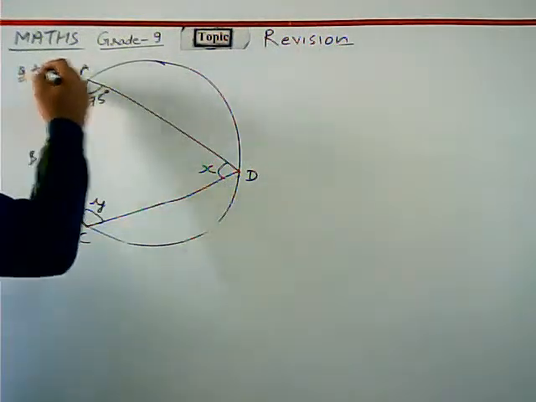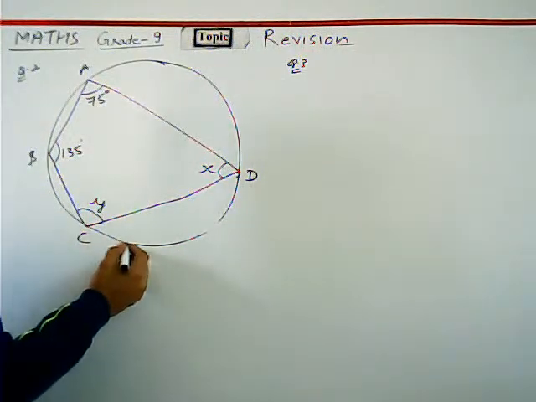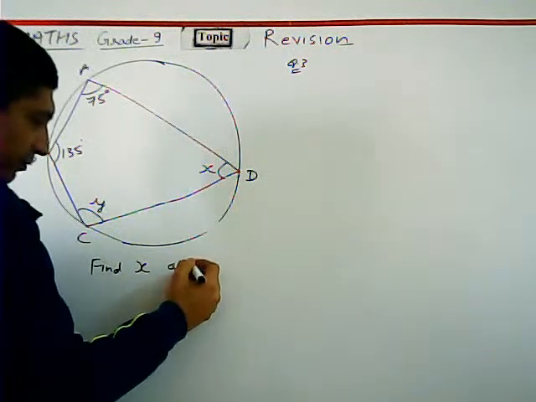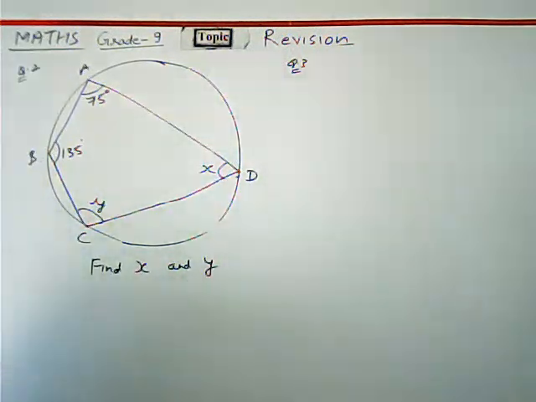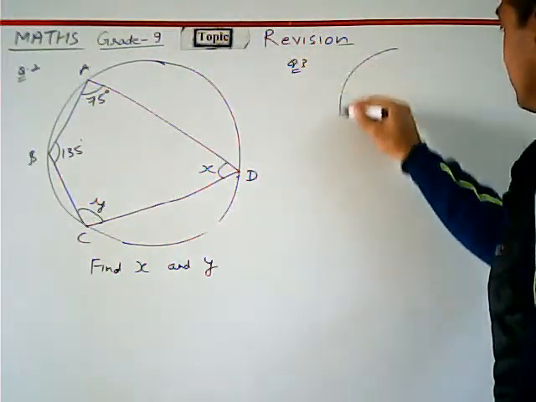This is question number 2. Question number 3: again you have a circle. Find x and y. Here we have one circle.